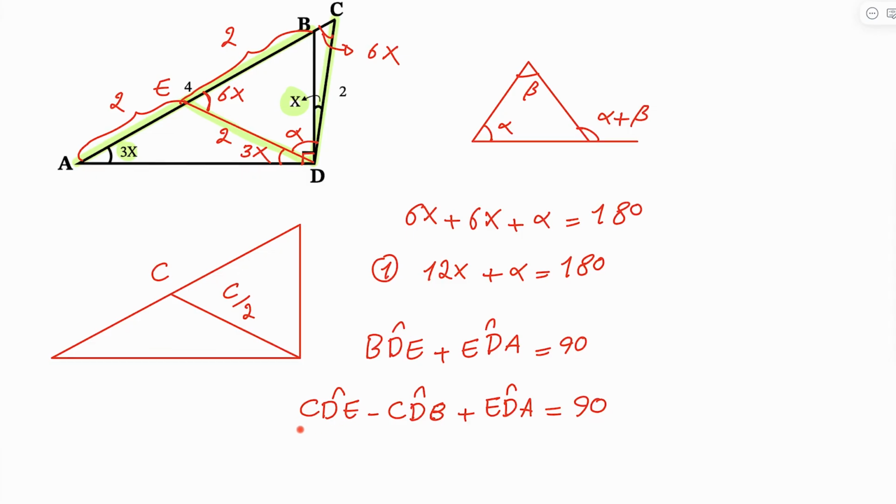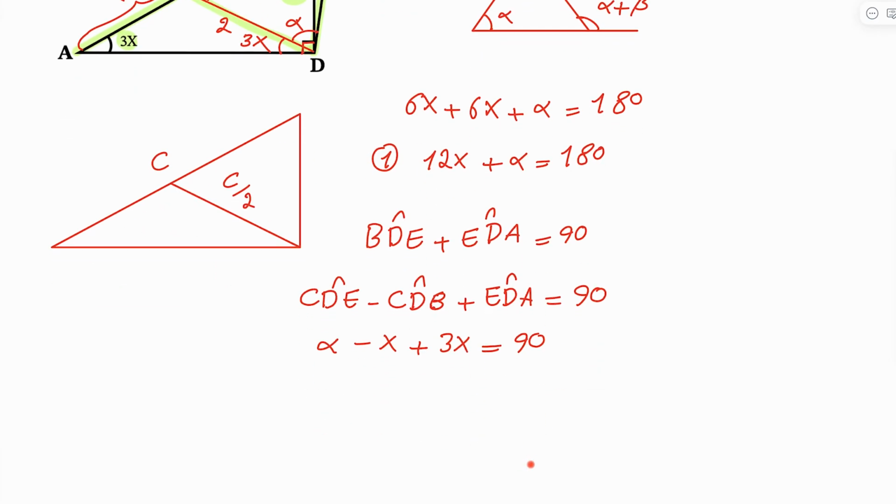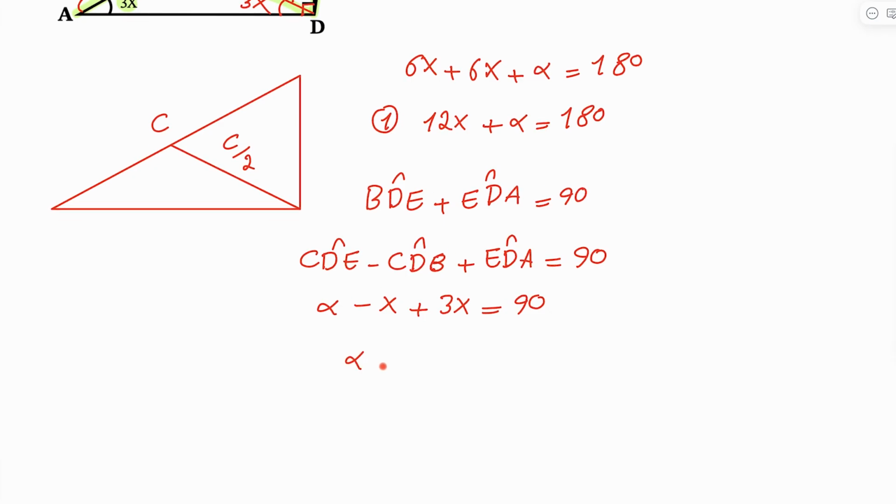For CDE, we can write alpha. For CDB, this angle, we can write x. And for EDA, we have here 3x, equal to 90 degrees. If we simplify it, we get alpha plus 2x is equal to 90 degrees. And this is the second equation we found.